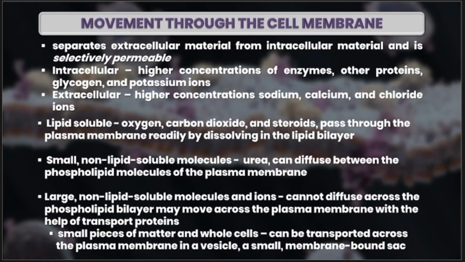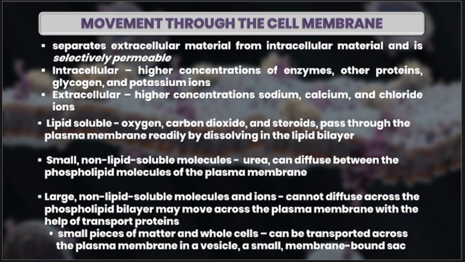Now, let's talk about the movement through the cell membrane. The cell membrane separates your extracellular material, which is outside the cell, from the intracellular material, or inside the cell, and is selectively permeable. It means that it controls what enters and exits the cell.